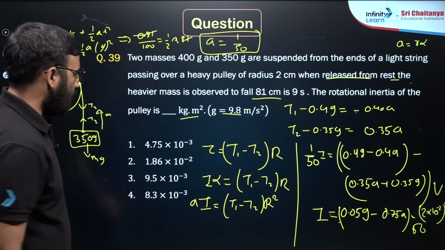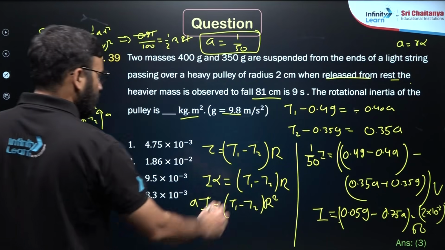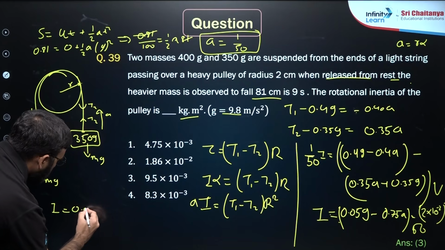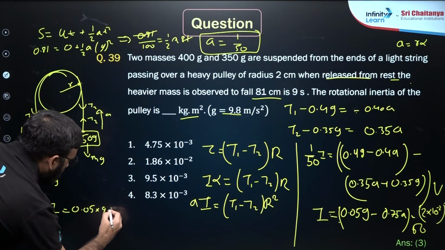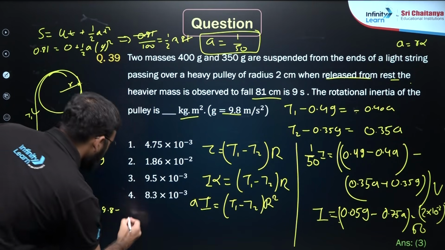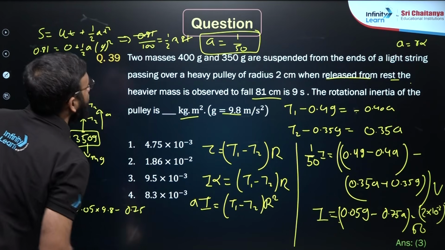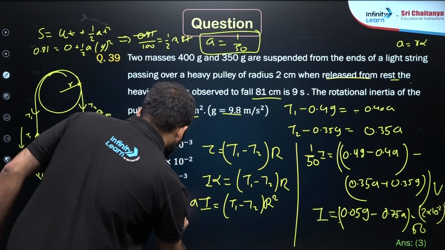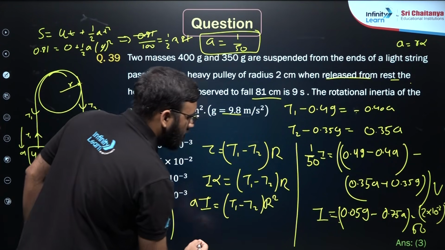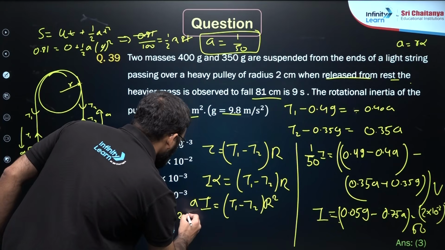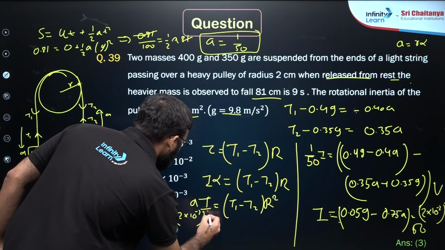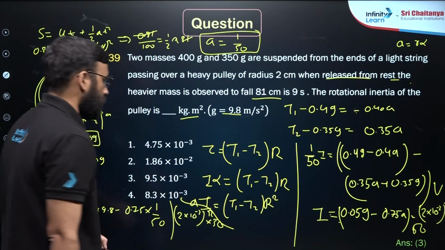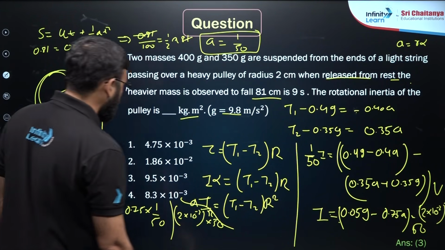Then I will directly write the answer here: I equals 0.75, and the acceleration of this one is 1 upon 50, and the radius of this one is 2 into 10 to the power minus 2 whole square into 50. So this one you can solve, then you can get 9.5 into 10 to the power minus 3.